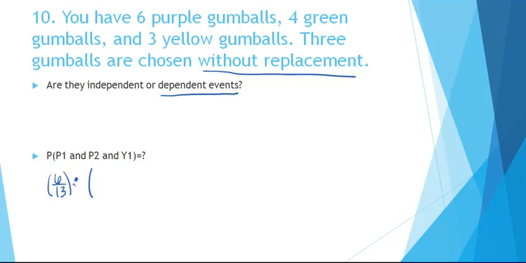And the probability, once we pull the first purple and then pull a second one, would be 5 out of 12, because there are only 5 purple left and 12 total. And then the probability of yellow, well, there are 3 yellow out of 11 that are left, because they picked 2 purple. And then we multiply this. 6 times 5 is 30, times 3 is 90.